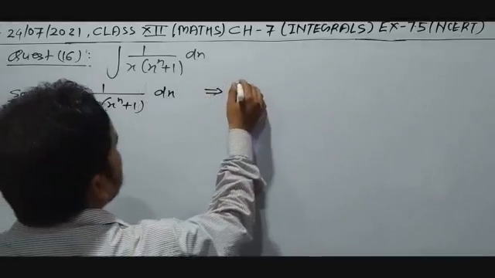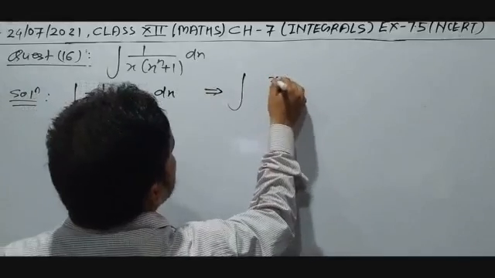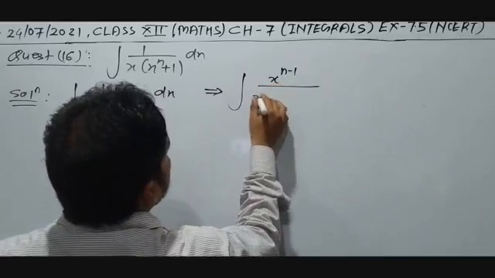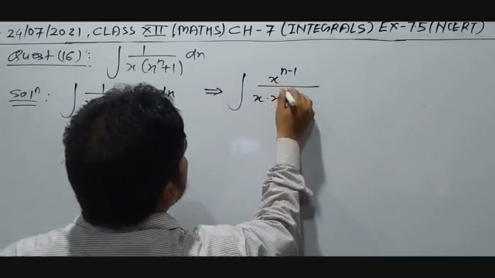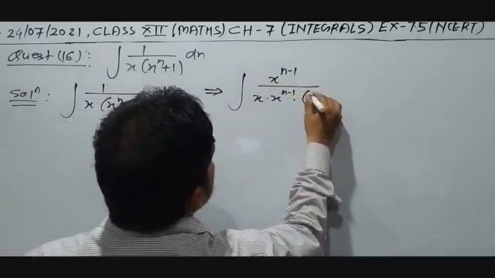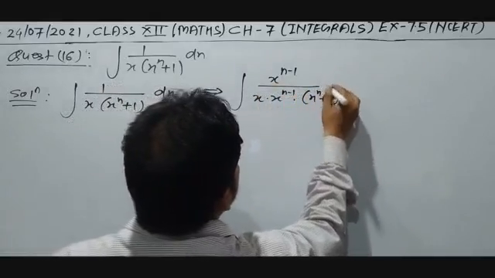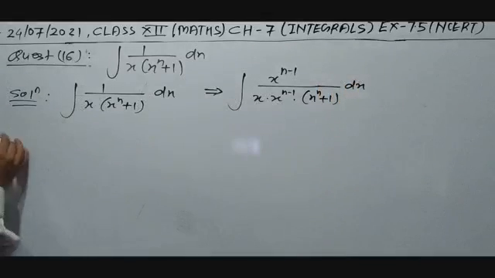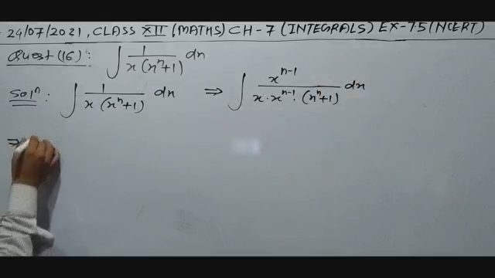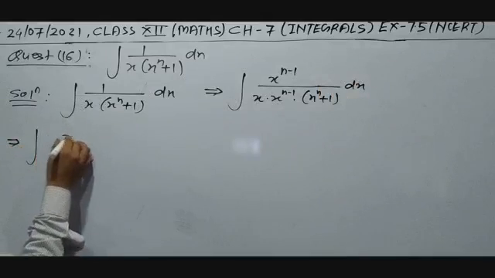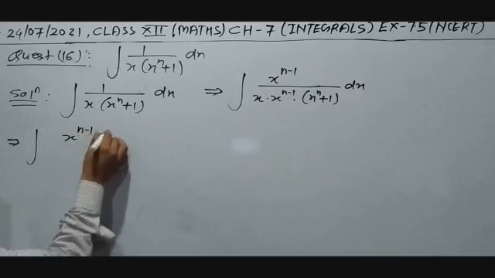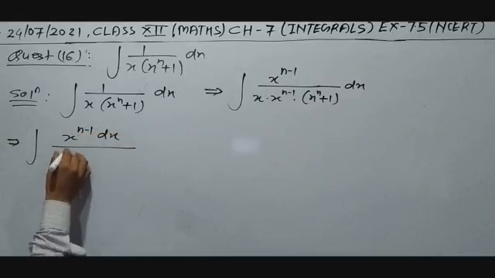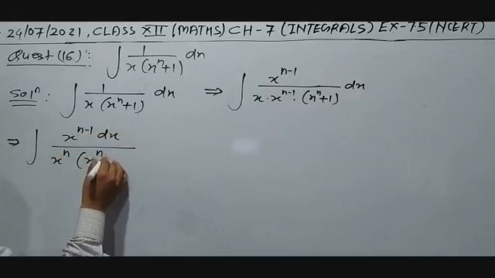This integral we can write as x to the power n minus 1 whole upon x times x to the power n minus 1 in bracket, (x to the power n plus 1) dx. And now its result will be x to the power n minus 1 dx whole upon (x to the power n plus 1) dx.